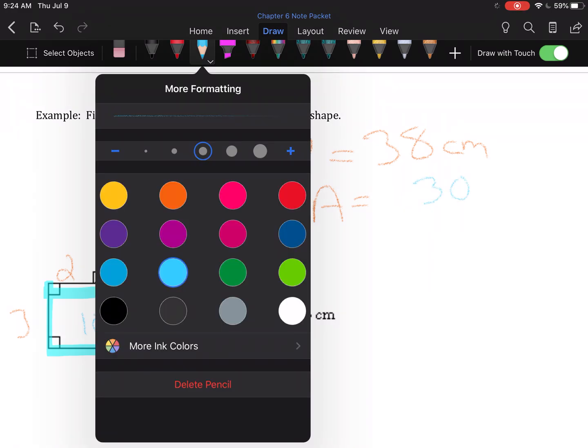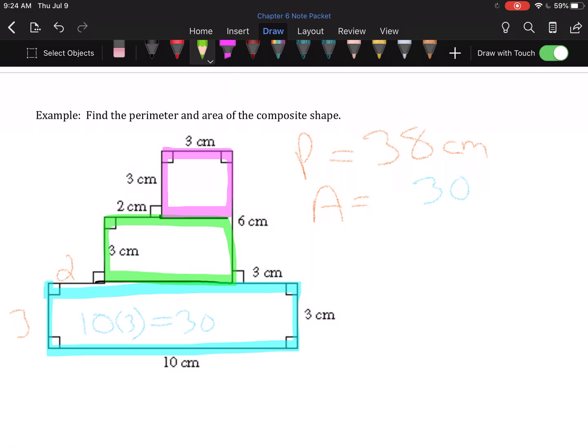The middle rectangle is 3 tall, and how wide? Well, if the whole thing is 10 wide, and this 2 and this 3 are no longer part, 2 and 3 make 5, so that means there's 5 left. This guy is 15 for his area.